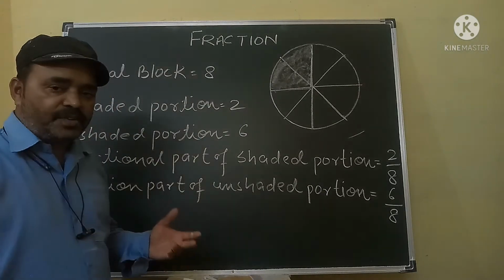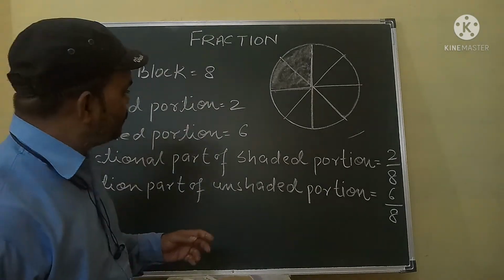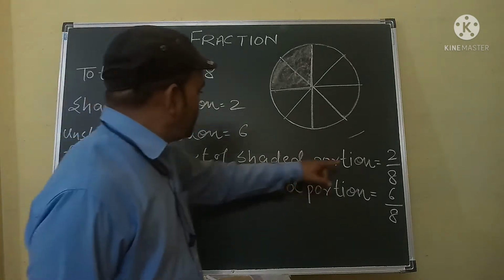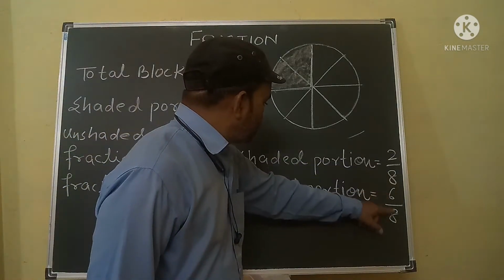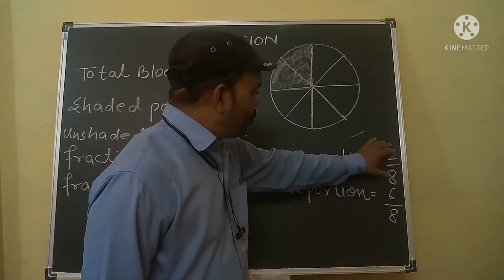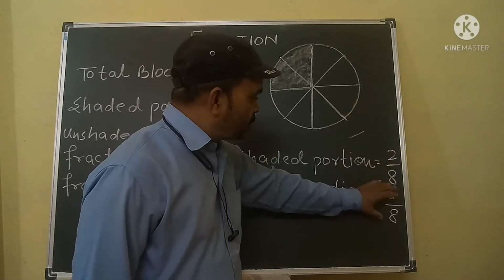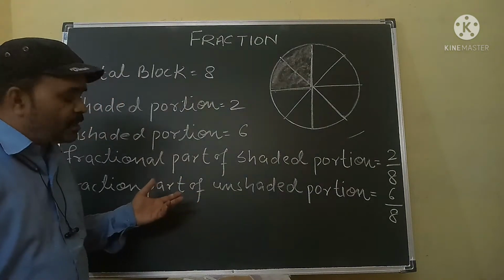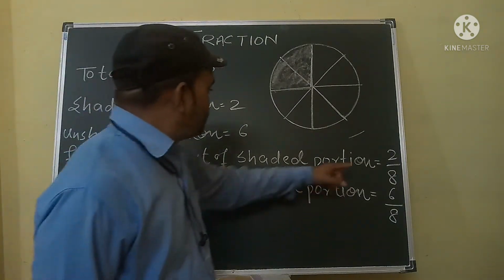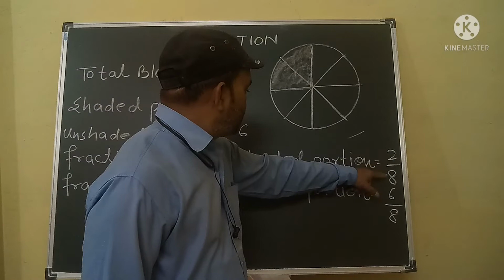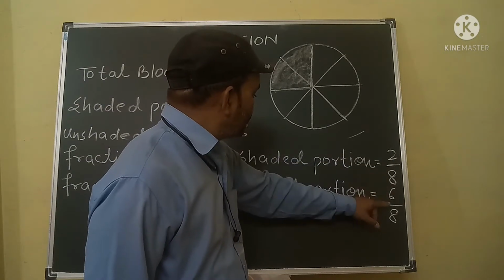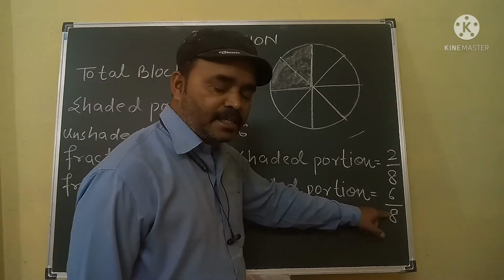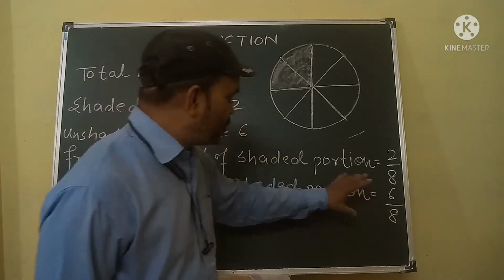As you know, we have already discussed the meaning of fraction. 2 upon 8 is a fraction, 6 upon 8 is a fraction. You know very well, 2 is a natural number, 8 is a natural number, 6 is a natural number, and 8 is again a natural number.